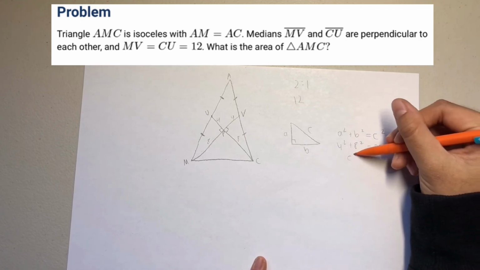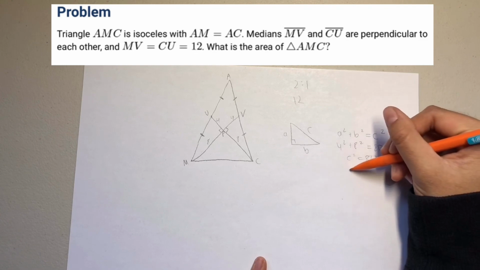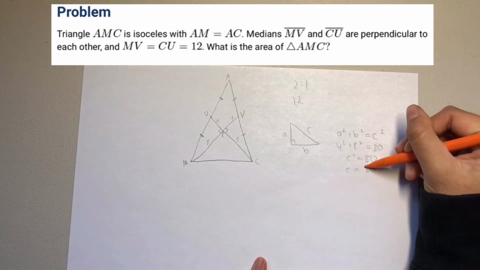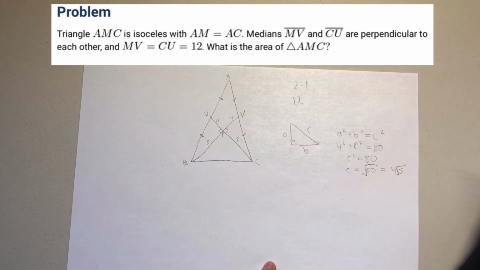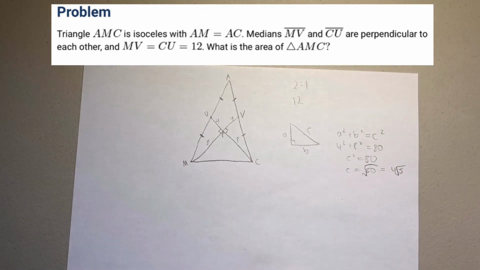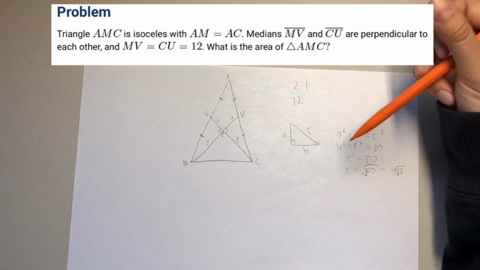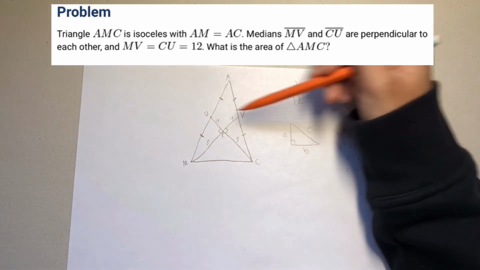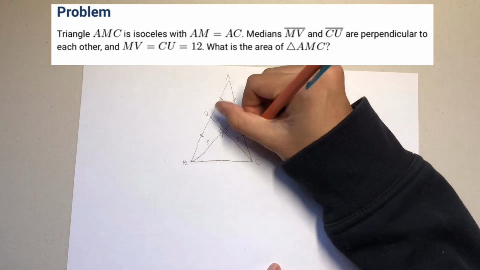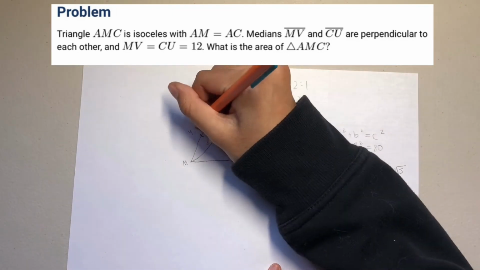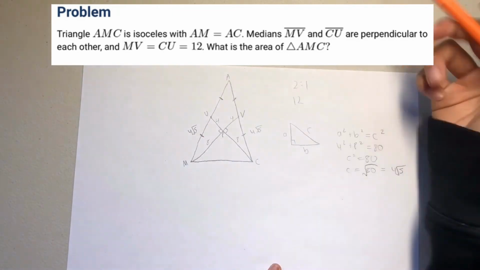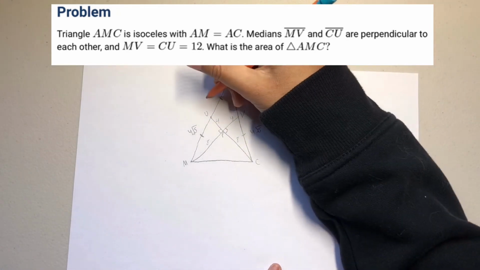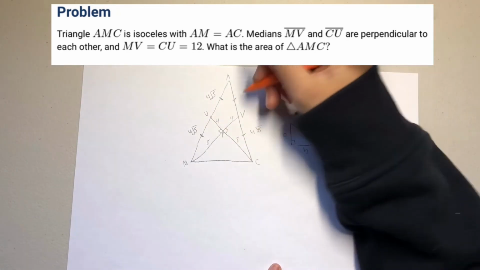So c is equal to the square root of 80, which is equal to 4 square root 5. Now, since we know that c, or side MU, and VC are 4 square root 5, and these two are equal, then that means that AU is also 4 square root 5.